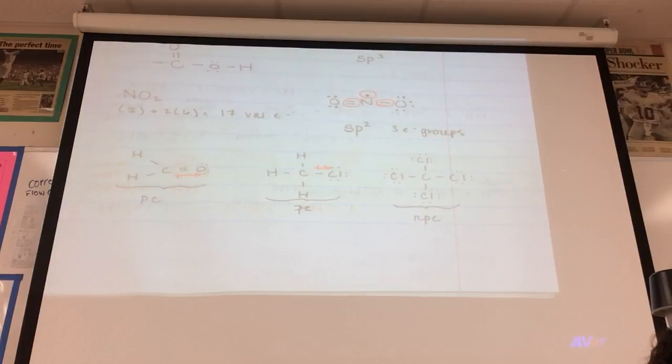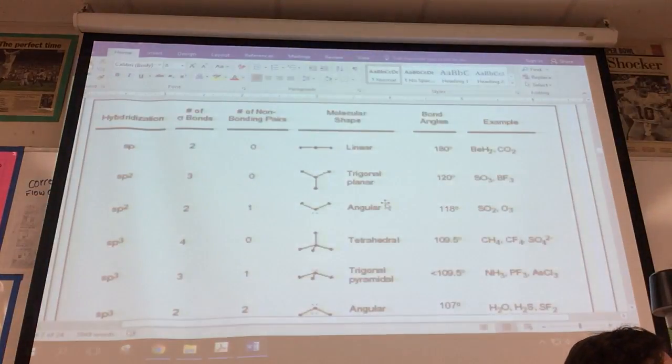The funky linear you showed us, that's just ionic, right? That's ionic. The funky linear and the square planar, those are the two. And these shapes are all shown here. This is something you do want to look over.